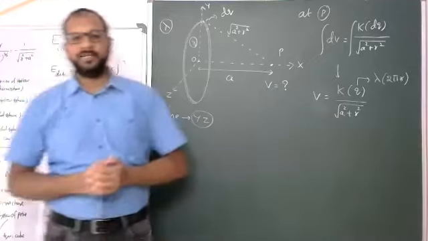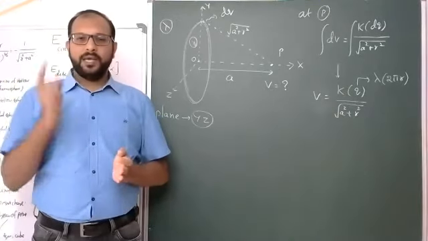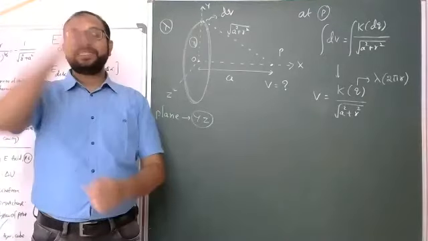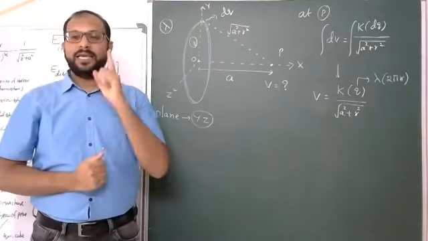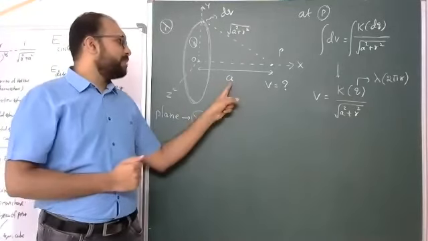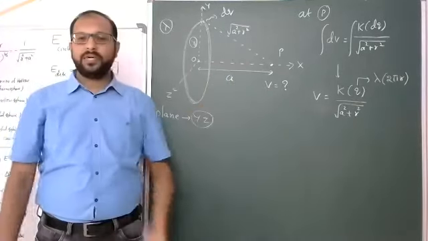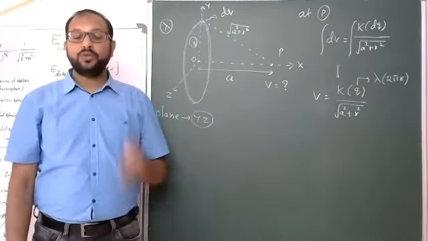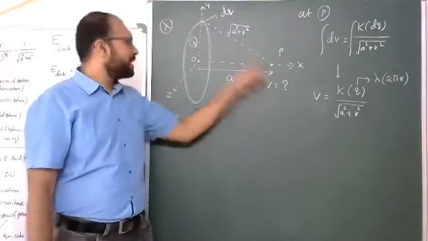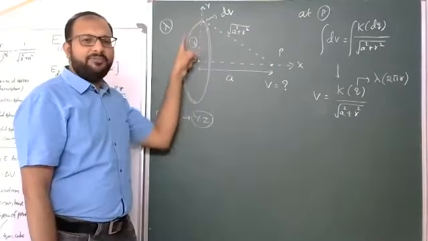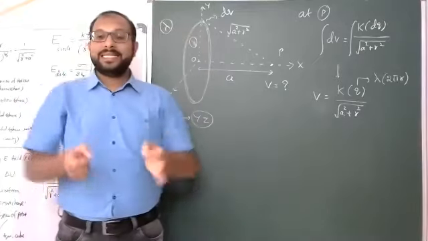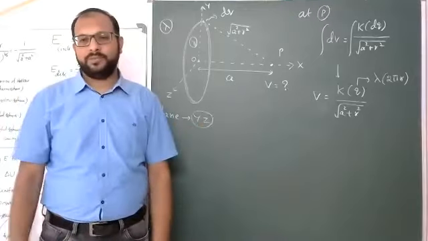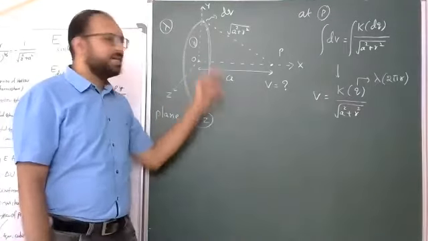Now the conclusion, students: whether charge is uniformly distributed or non-uniformly distributed over the circumference of a ring, potential at a distance a on the axial line equals kq divided by root over a square plus r square. Why like that? From this location, if you take any point, every point on the circumference is at an equal distance. What is that equal distance? Root over a square plus r square. So after adding all charge, you get the net charge.